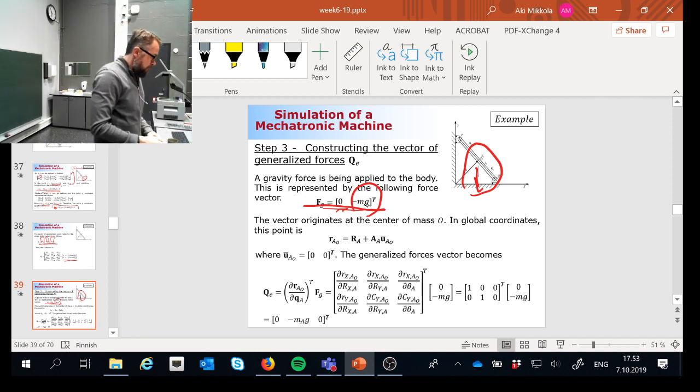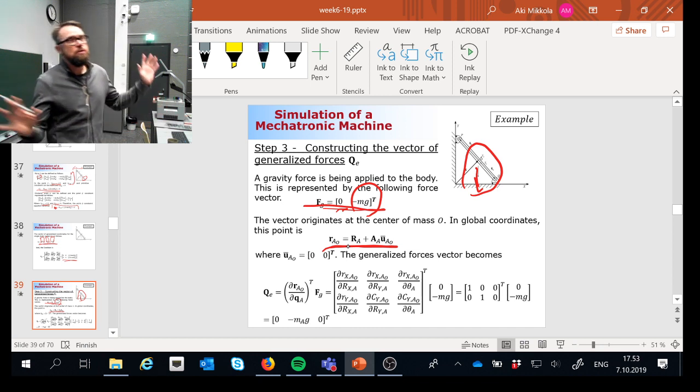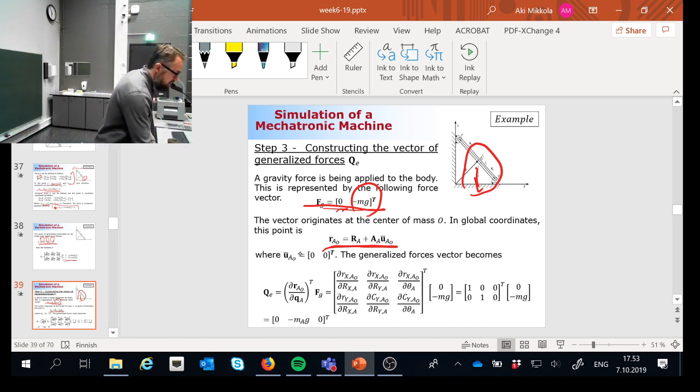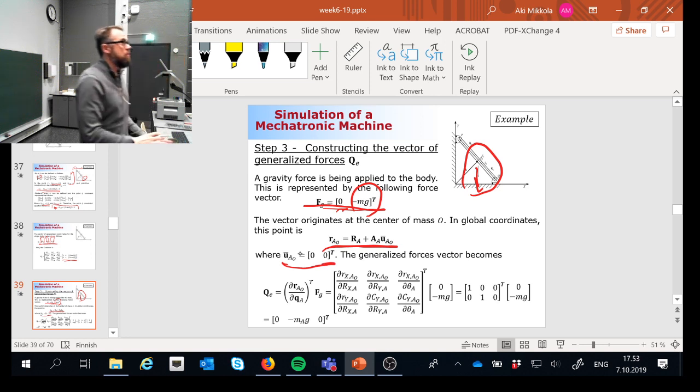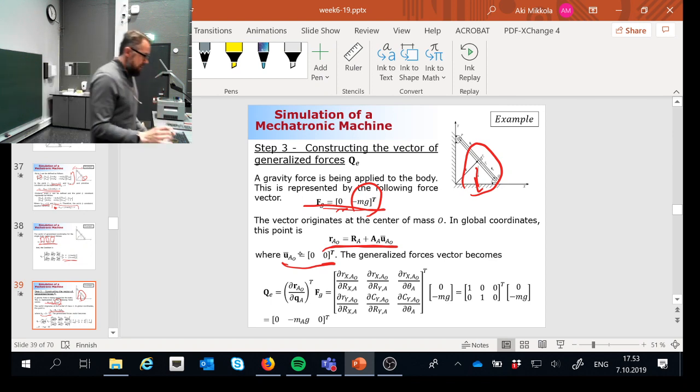All right? Then where that is applying, it's applying at a point that can be expressed as shown here. And now, good news. Vector g bar is going to be equal to 0, 0, because it's applying at the origin of the body reference coordinate system. Great. So what is left is this guy here.